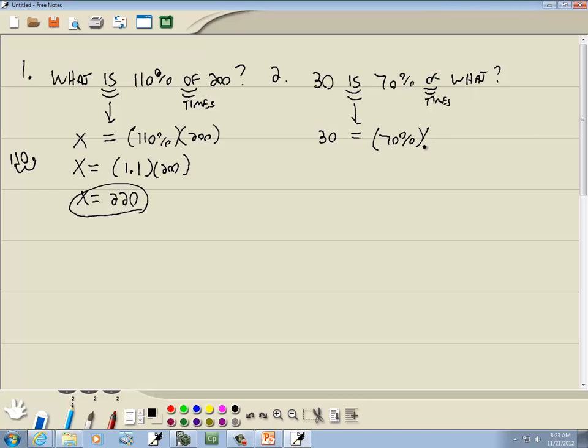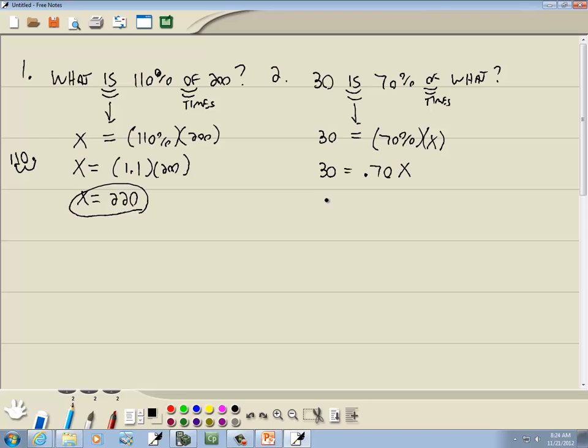What? Well, that's our variable. Again, we want to change this to decimal form. That'd be 0.7 or 0.70. If you put a decimal point here, it'd be right after the 0. Move it 2 places to the left, it'd be 0.7 or 0.70. Sometimes I put the 0 there to really emphasize what happens with a decimal point, but usually 0.7 is better.